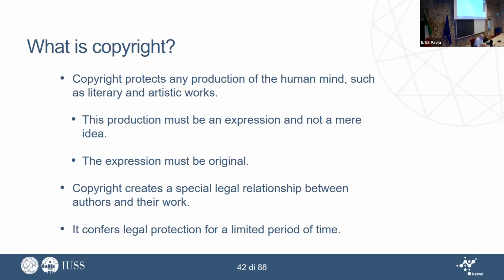In the European Union and in most countries, also in the United States, for example, the period is extended to 70 years. So for 70 years after the author's death, copyright shall be granted to the authors and to their heirs, for example, when the author is dead, sons and nephews of the author.